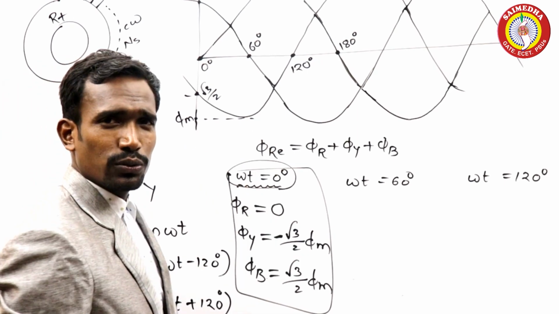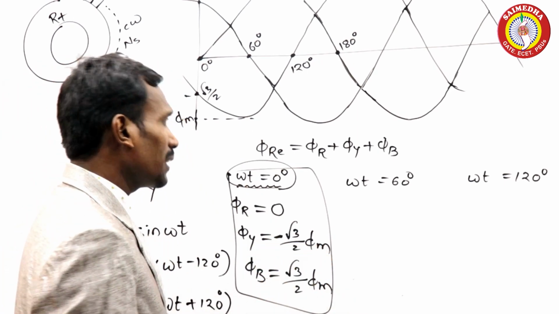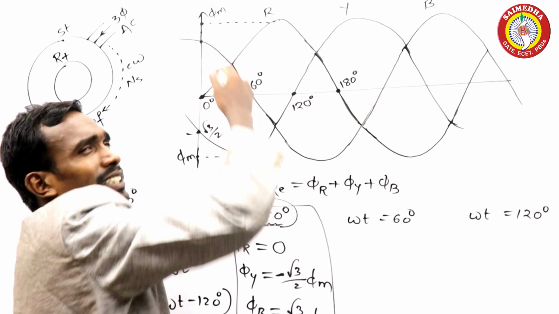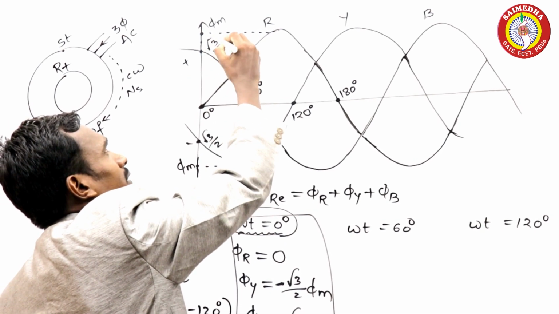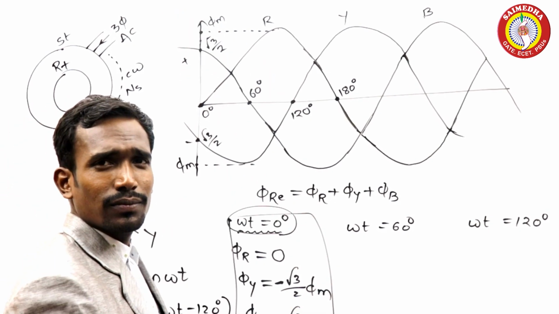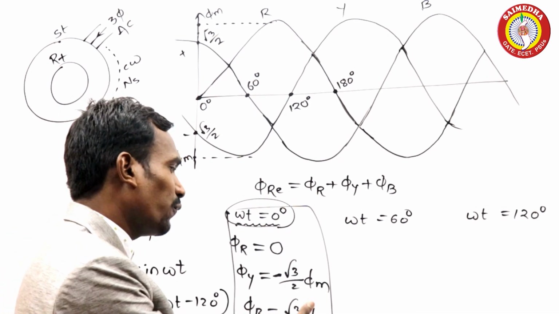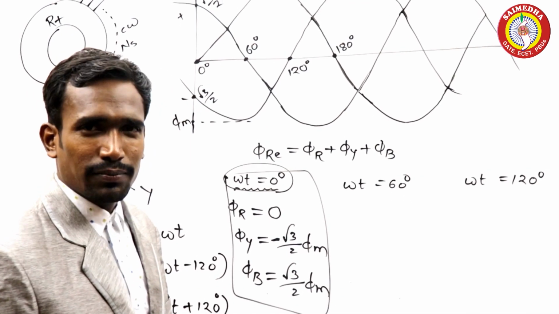That's why minus root 3 by 2 phi m. And what about phi b? See here, B phase is in positive. What is the value? Root 3 by 2. So, phi b is equal to root 3 by 2 phi m.